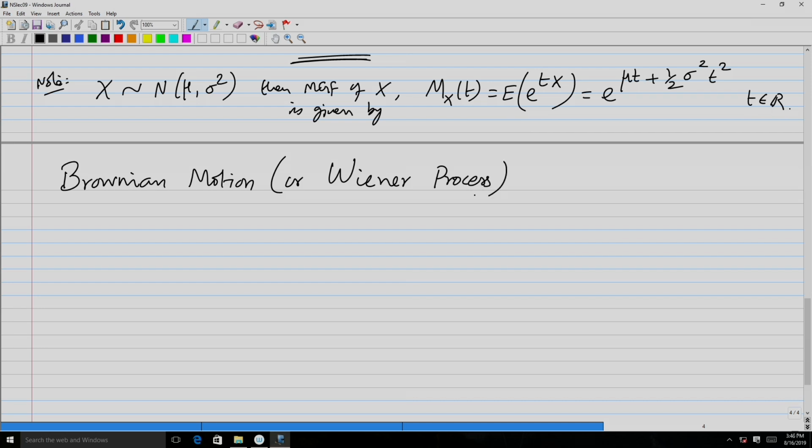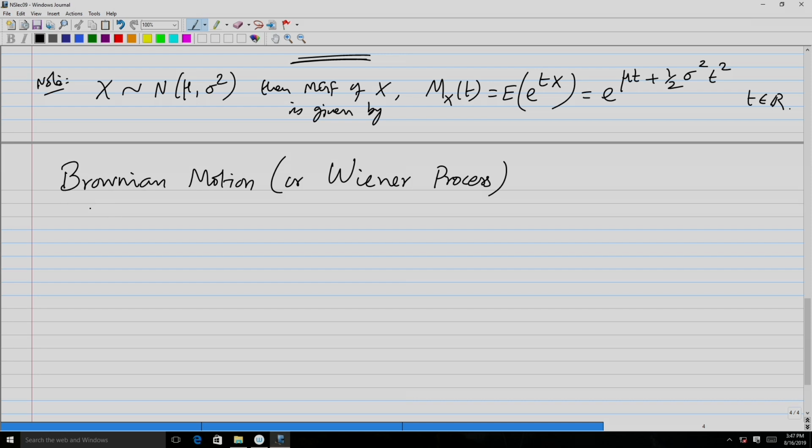Though it is Robert Brown who observed this process, as explained by Einstein, it was Wiener who derived the mathematical properties. So, it is equivalently called the Wiener process or Brownian motion. Both would mean, as far as we are concerned, one and the same.